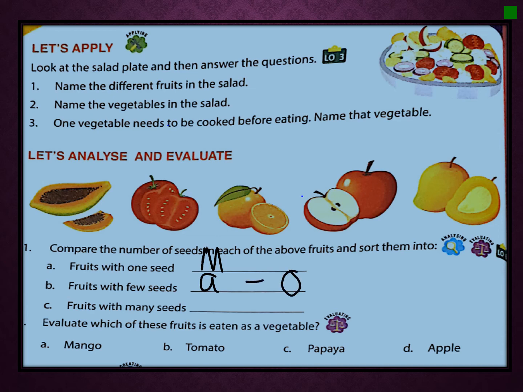And fruits with many seeds can be papaya and tomato. Evaluate which of these fruits is eaten as vegetable. So mango is a fruit, tomato is a vegetable, papaya is a fruit, and apple is also a fruit.